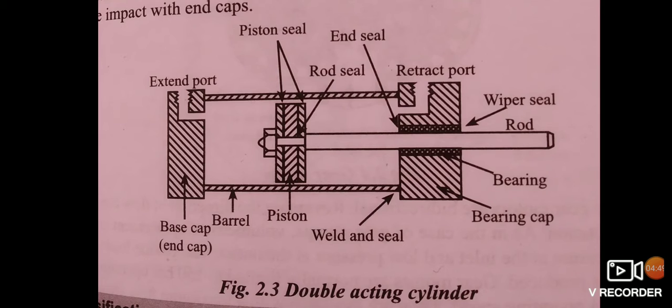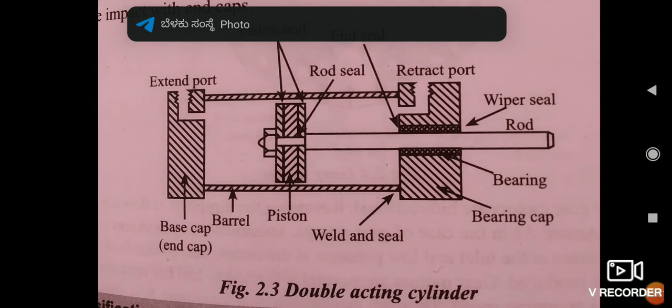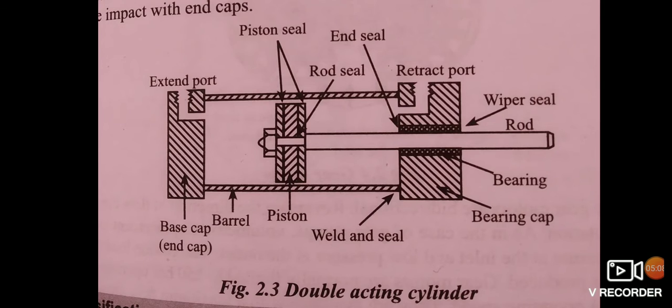The piston rod is connected to a piston head and the other end extends out of the cylinder. The piston divides the cylinder into two chambers named the rod end side and piston end side. The seal prevents the leakage of oil between these two chambers.